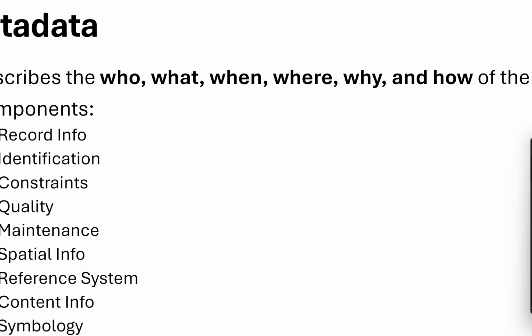Maybe you are looking at the dry season like November, when there was no flood in that area, or maybe you are looking at the wrong year. That is why metadata is very important. It will record information about the constraints, quality, reference system, symbology, everything will be there in the metadata.